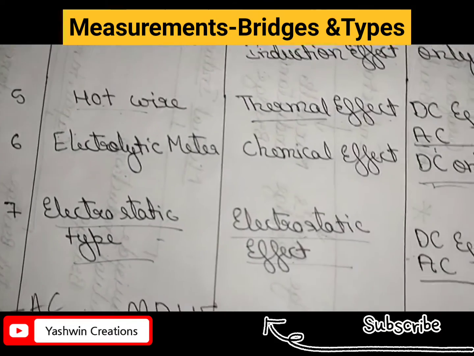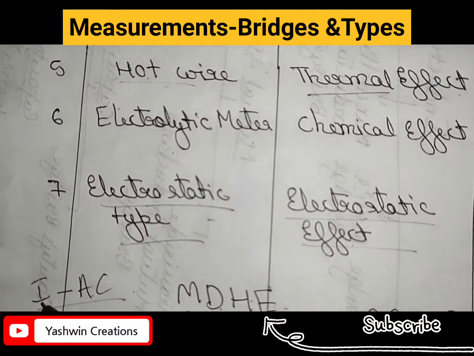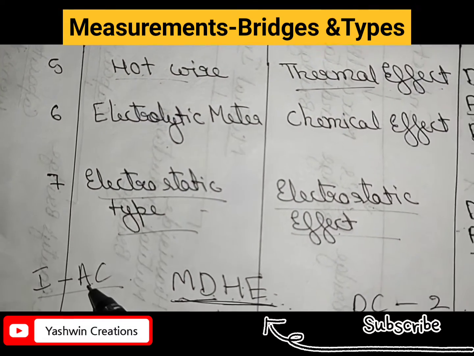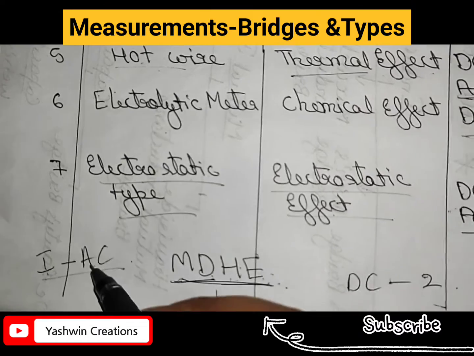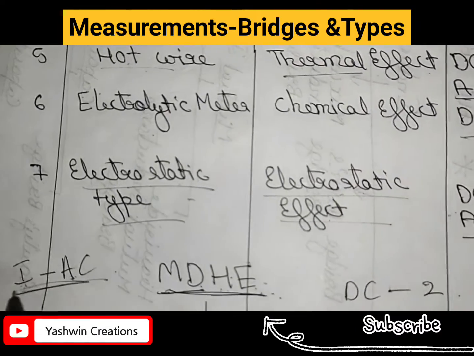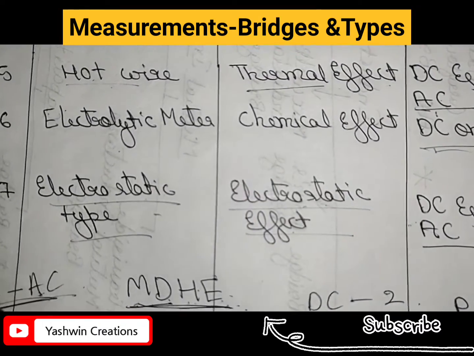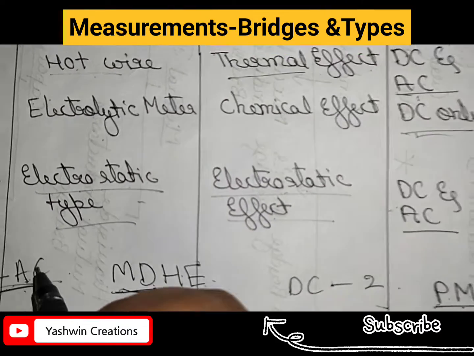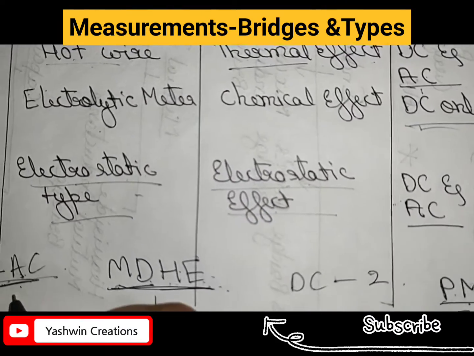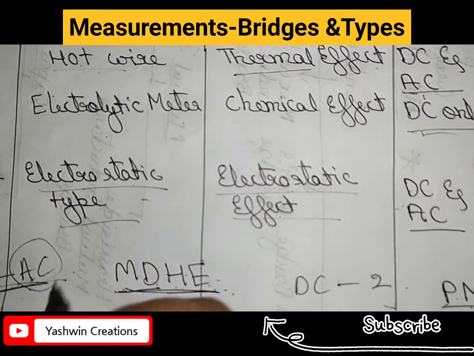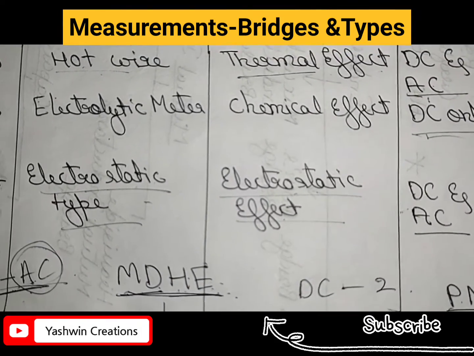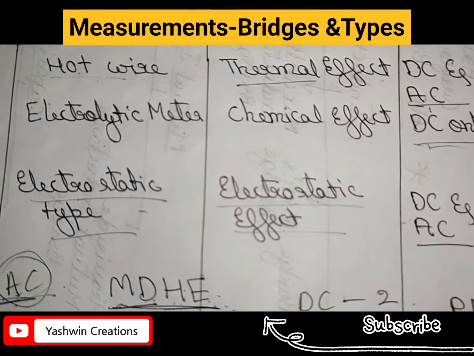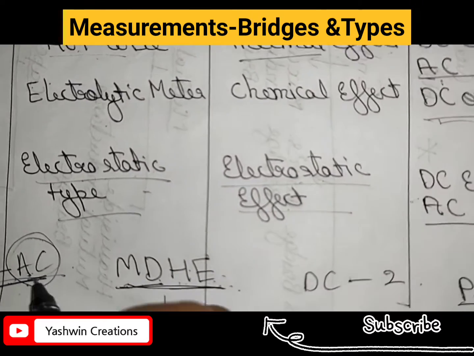Current we indicate in terms of I, and you remember A like this. So this is the induction type, and the effect is electromagnetic induction effect. So induction type is used mainly for AC.